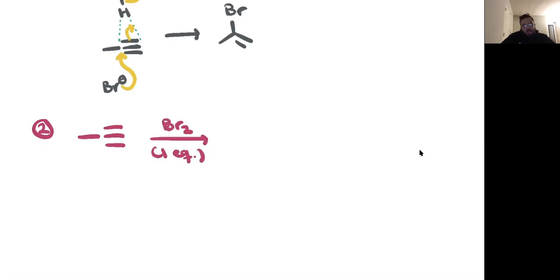So taking one equivalent of Br2, we'll give you this product. Notice that I drew the product anti. Usually this will prefer to add anti because of things like steric hindrance or electronics, but mainly the fact that the molecule that you end up getting is E, which would be more stable than Z.